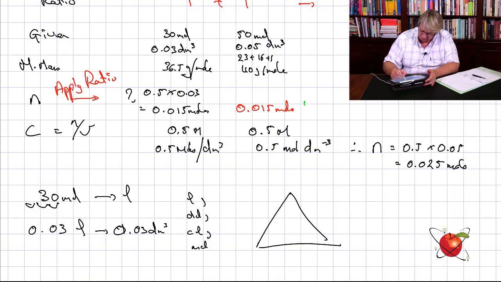Right? So let's just look. What have we got at the top here? What has happened there? 0.015 moles of acid has neutralized 0.015 moles of the base, which therefore means that we have got some left. How much have we got left? Let's just work it out.